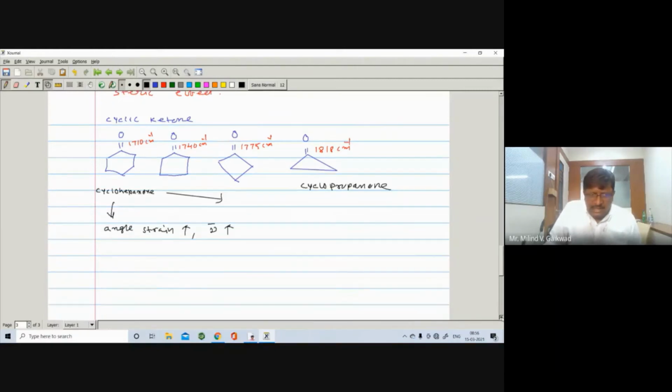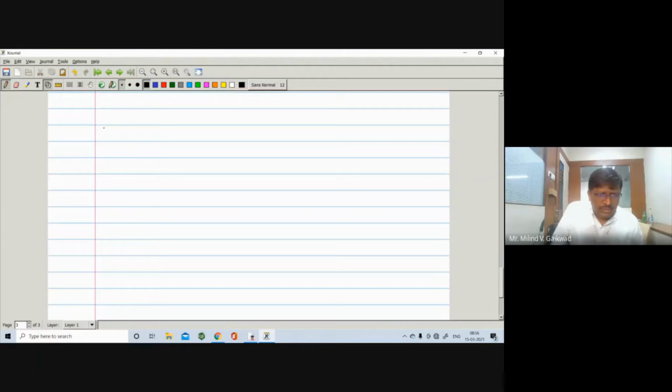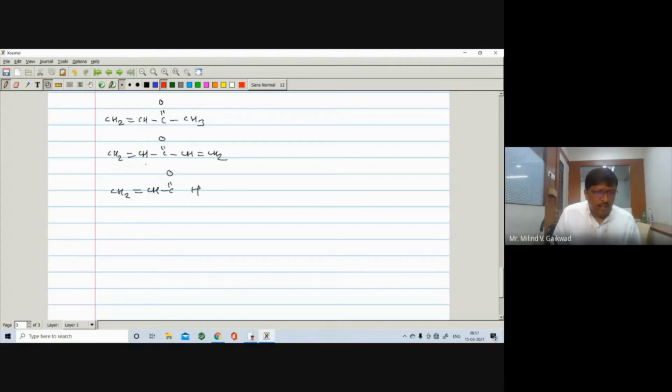Another example we can take: suppose you have CH2=CH-C=O and here is a CH3, then CH2=CH-C=O-CH=CH2, similarly CH2=CH-C=O and here is an H. If you see these compounds, here is methyl vinyl ketone, here is divinyl ketone, and this compound is vinyl carbaldehyde.